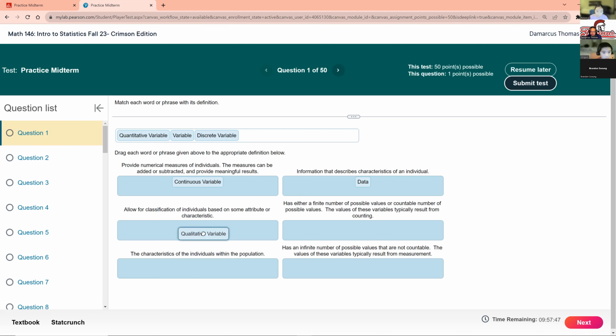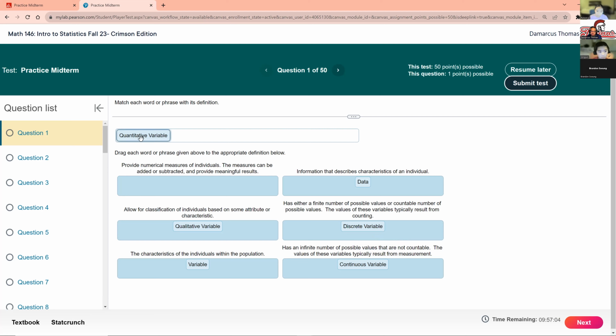I think I'm going to go with this, and then I'm going to go here, and then discrete has a, continuous would be there. Discrete. No, that's discrete.